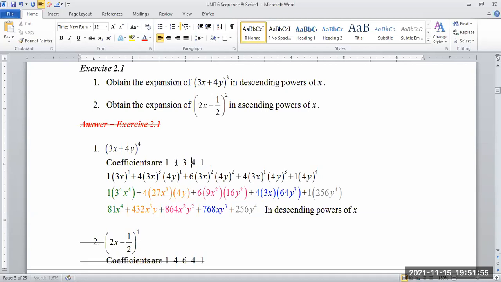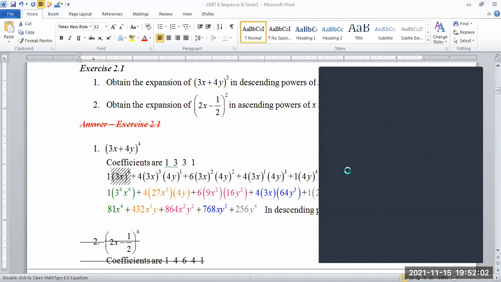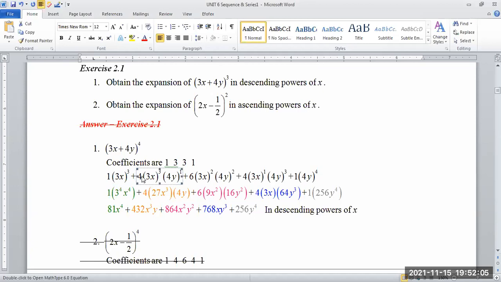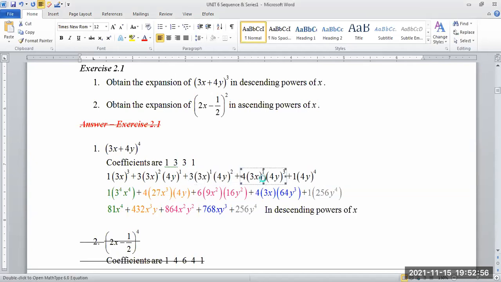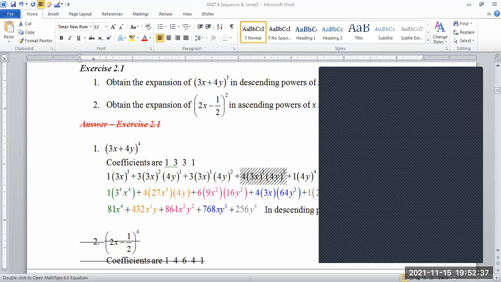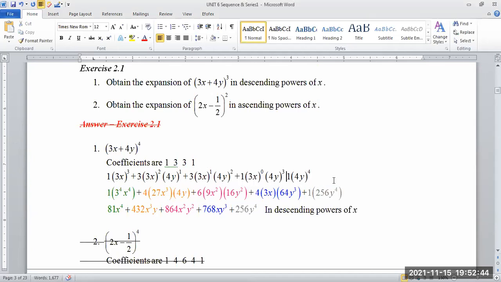1331. Yes, 1331, and then this is going to be (3x) to the third, and then that's just going to be 3 times (3x) to the second, (4y) to the first, and this is going to be another 3 times (3x) to the first, (4y) to the second, and then this is going to be 1, (3x) to the 0, (4y) to the third, and that term goes to 0.